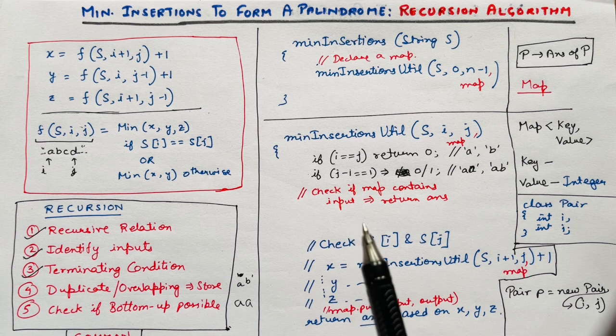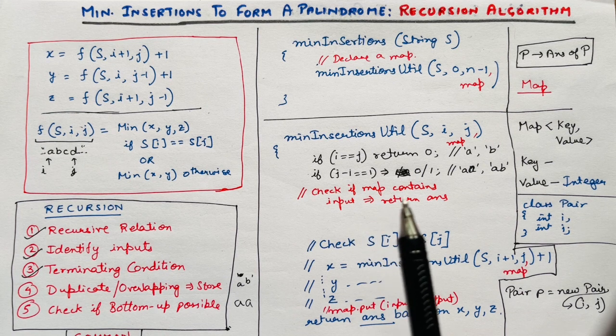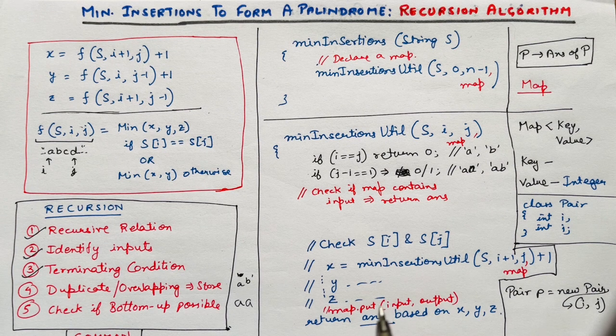But let us think about whether this map dot contains p will work as expected, whether it will be able to find that old pair p that I would have saved in this map before returning. No, it won't be able to find it. Why? Because in Java, these variables of the class do not actually hold the values.